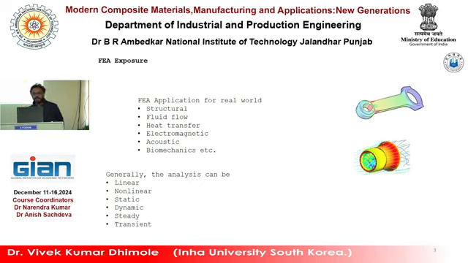So now analysis in this domain, these are the applications. Here analysis types include linear analysis, non-linear analysis, static analysis, dynamic analysis, steady analysis, transient. What is linear analysis? Linear means minimum deformation, following Hooke's law properly.